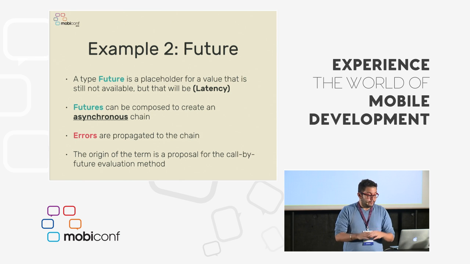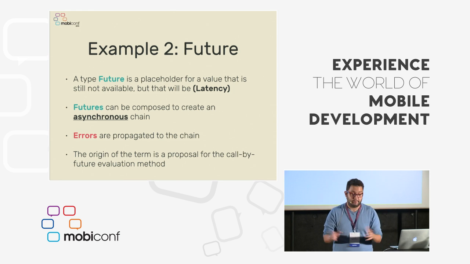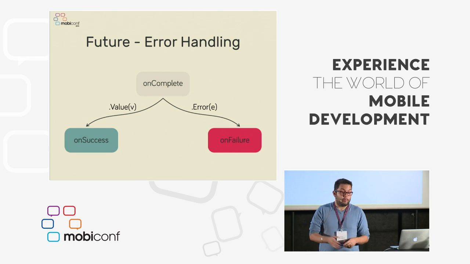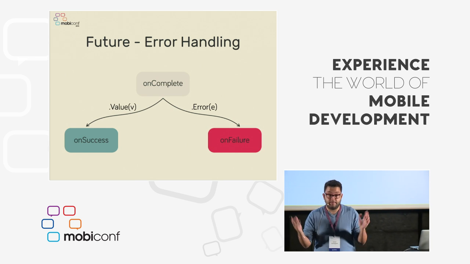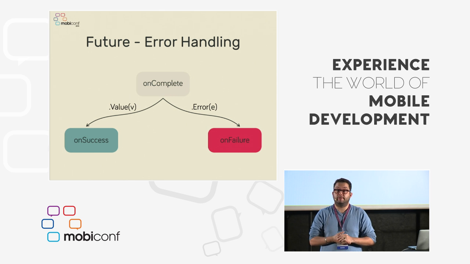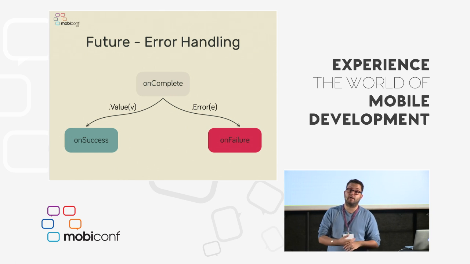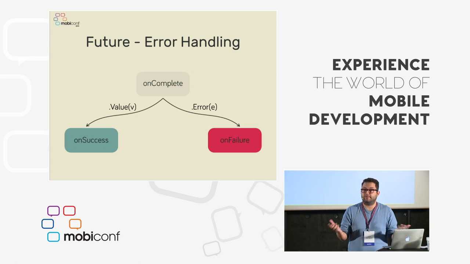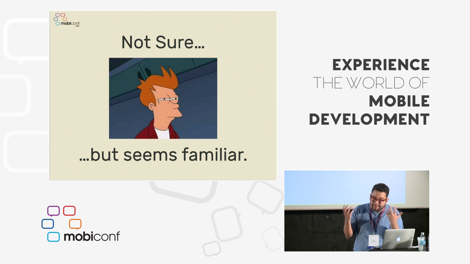Propagation is similar, and the error handling is similar as well. If we have a correct completion, we go on the success block. If we have an error, we go on failure. So it's basically the same. It's similar. It's actually the same.